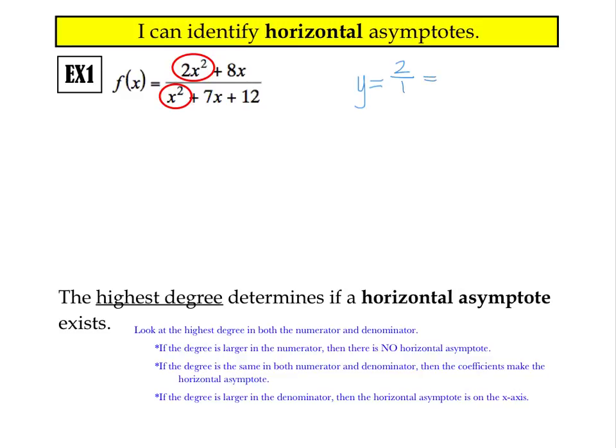So 2 over 1, or just 2. So this is a graph that has been shifted up 2 because of that horizontal asymptote. And then if the degree is larger in the denominator, so if I had a to the third power here, then the horizontal asymptote is just on the x-axis. So that would be where there is no shift up or down. And we'll do some more examples with this.